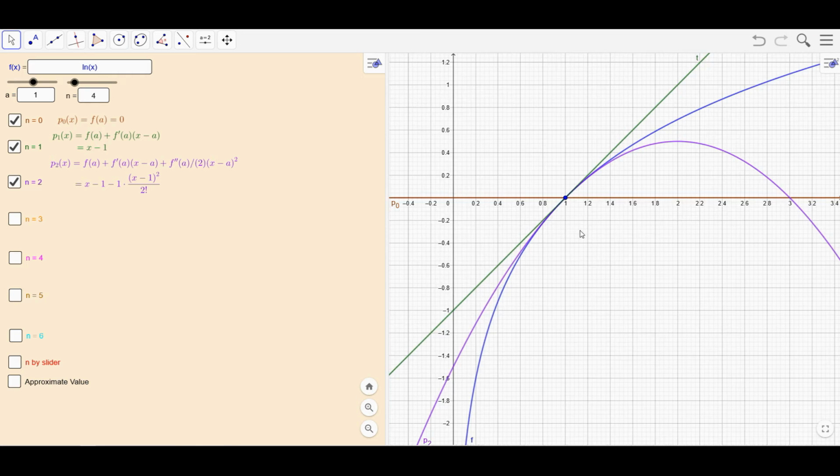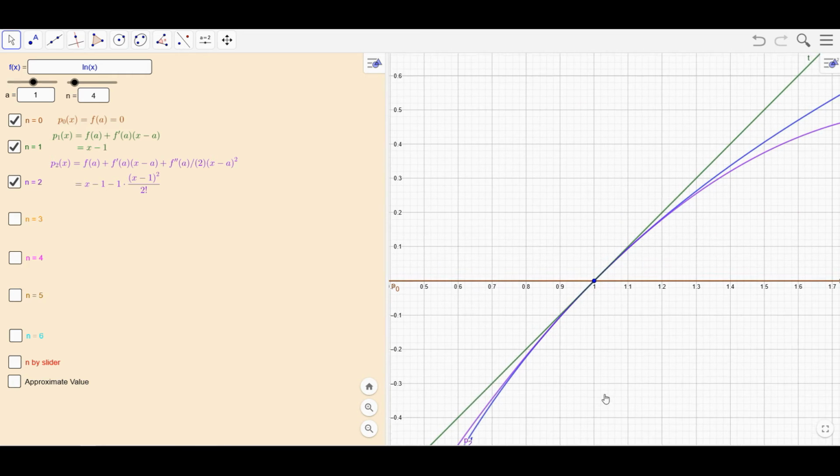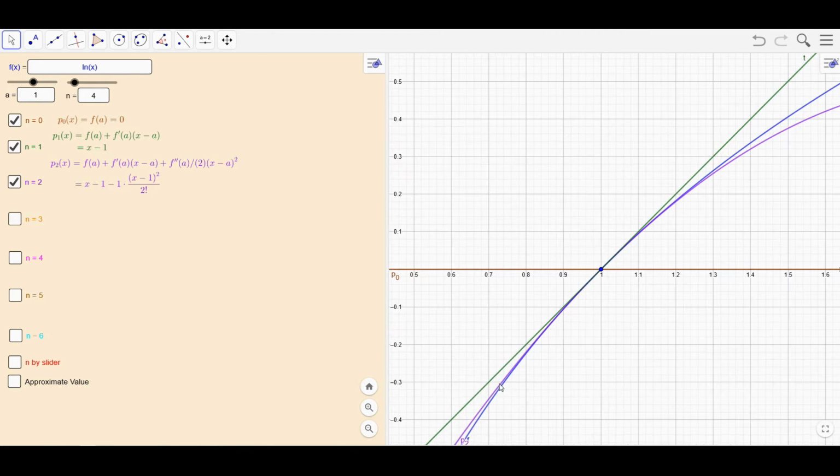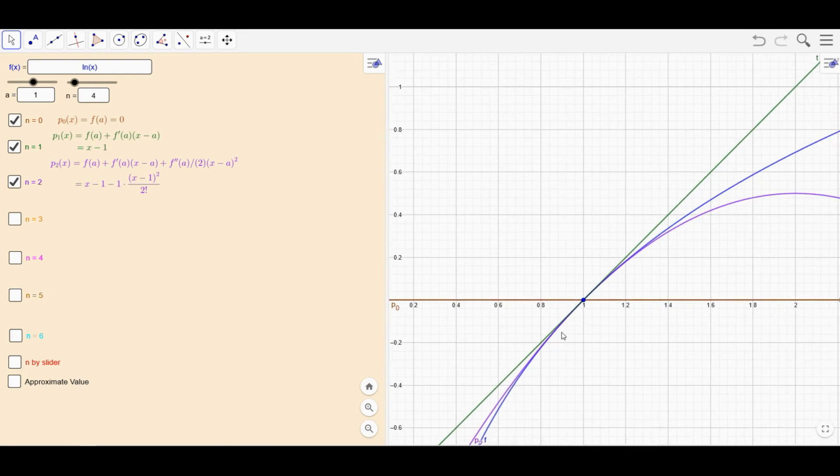If I were to zoom in here really close, notice that the tangent line and the curve and the graph all are very close, but even the purple quadratic parabola is closer to the blue graph than the tangent line is.